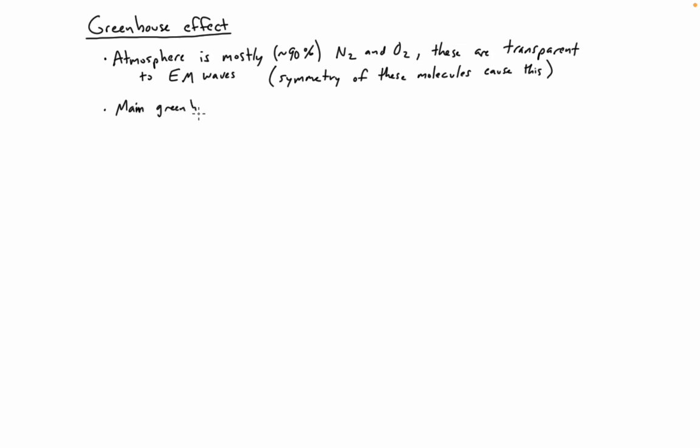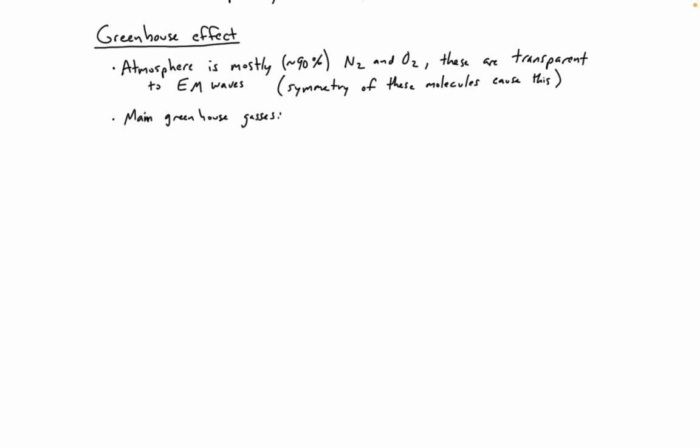So the main greenhouse gases, we'll list them. The biggest one, which actually causes the most of the greenhouse effect, is water vapor, which makes up, depending on where you are, if you're in the desert or the tropics or the equator, it matters a lot, somewhere between basically 0 and 4% of the atmosphere.